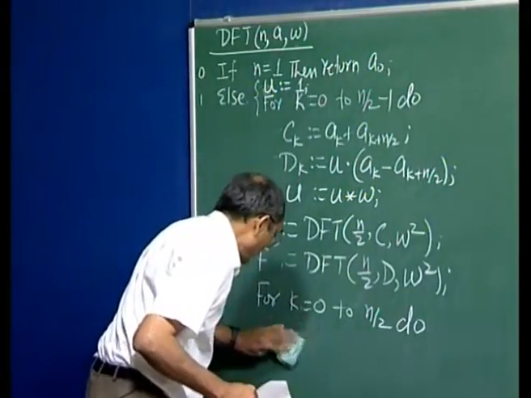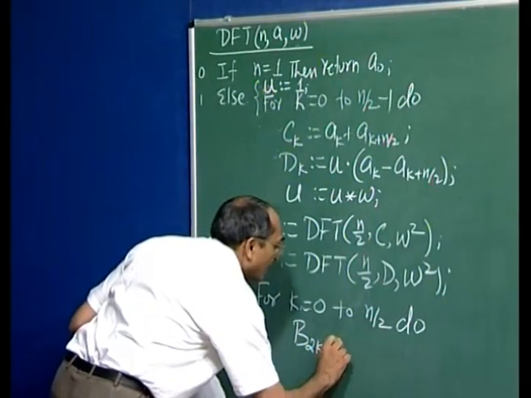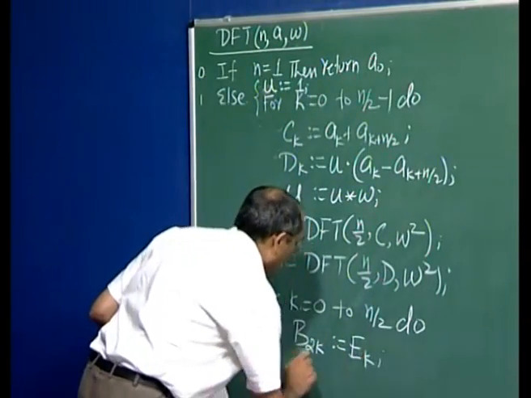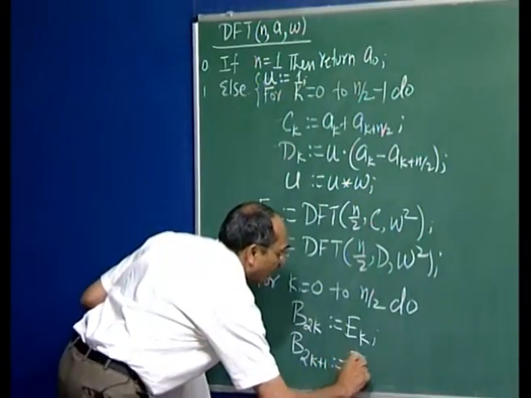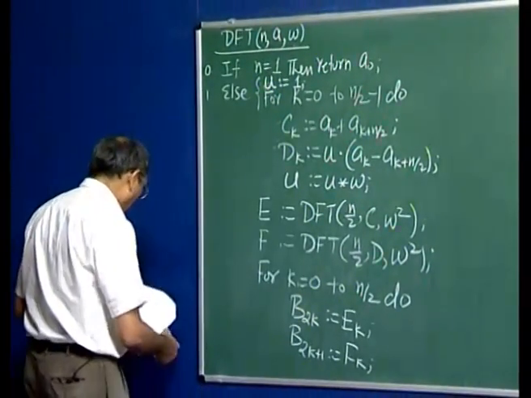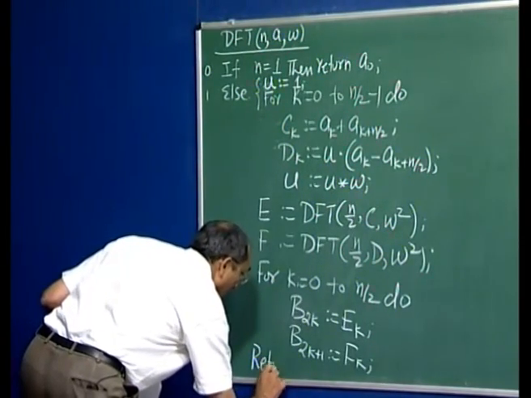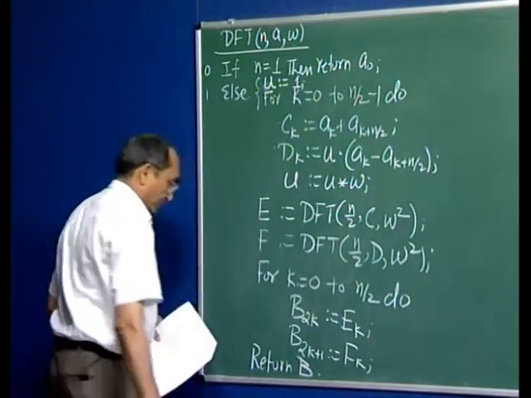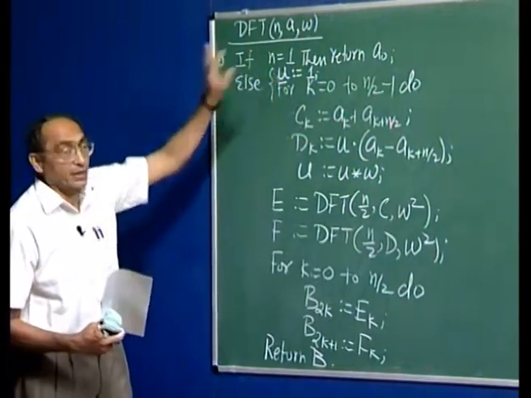I will just write down B2k is same as Ek and B2k plus 1 is Fk. Now we are done. So we can now return our vector B. This is the Fourier transform of our input A.